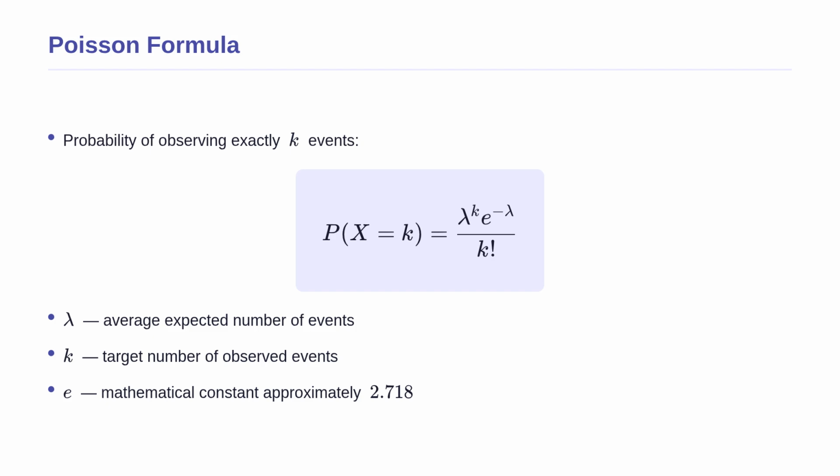The letter k is the exact number of events we are trying to observe. The letter e is a mathematical constant, approximately equal to 2.718, which naturally appears in growth and decay processes. The denominator is k factorial. If the average rate lambda increases, the probability of observing a higher number of events naturally increases as well.